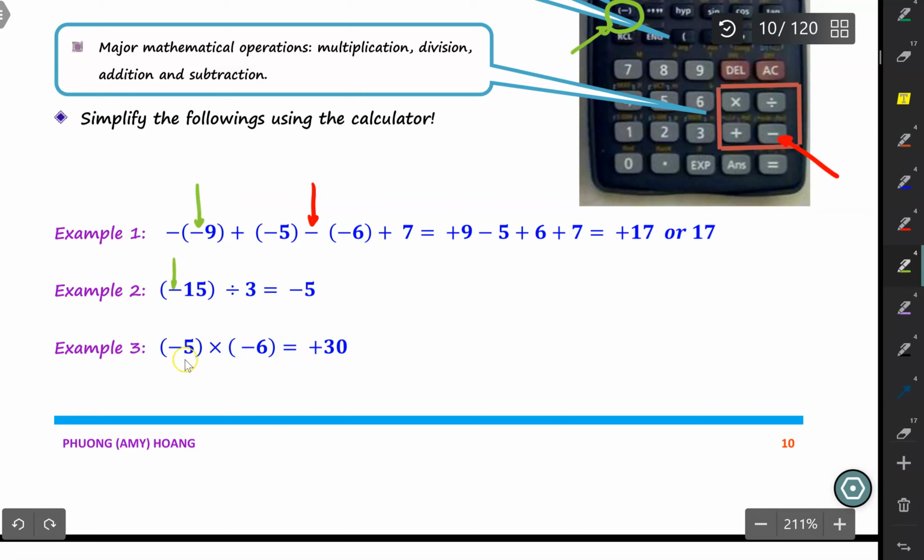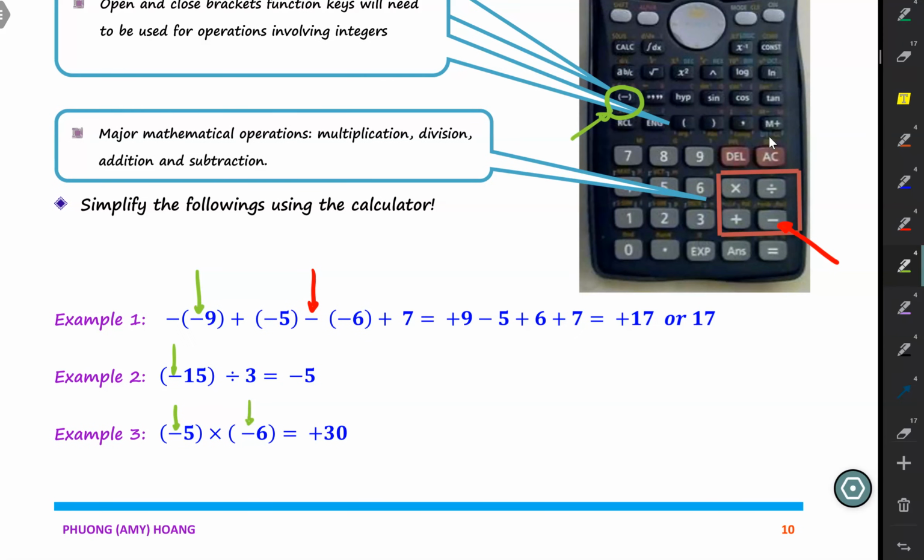Make sure that you are using the negative sign for this negative 5, negative sign for this negative 6. Okay, so do not use a subtraction sign because the calculator may tell you that it is an error. So put in negative 5, okay, in the bracket, multiply with negative 6, and avoid this subtraction sign, thinking of it as a negative sign.